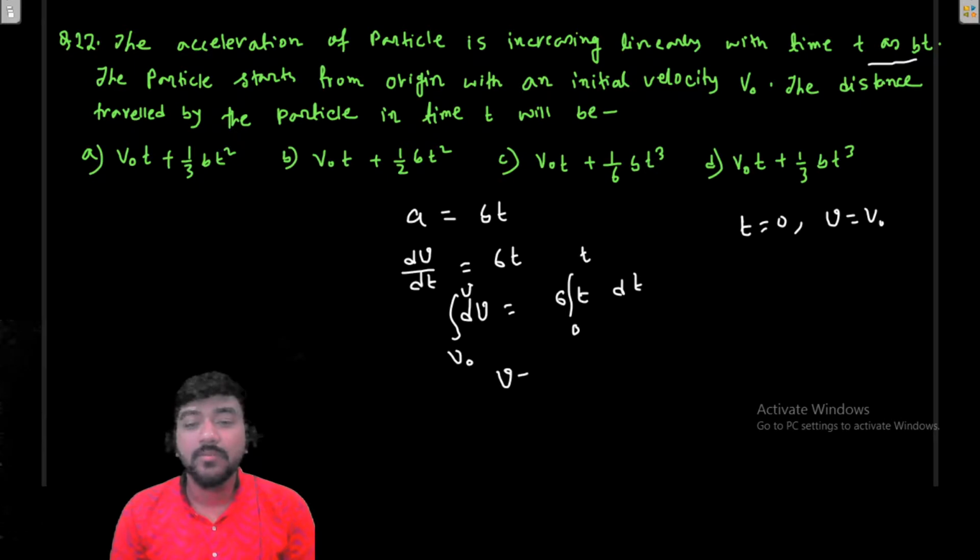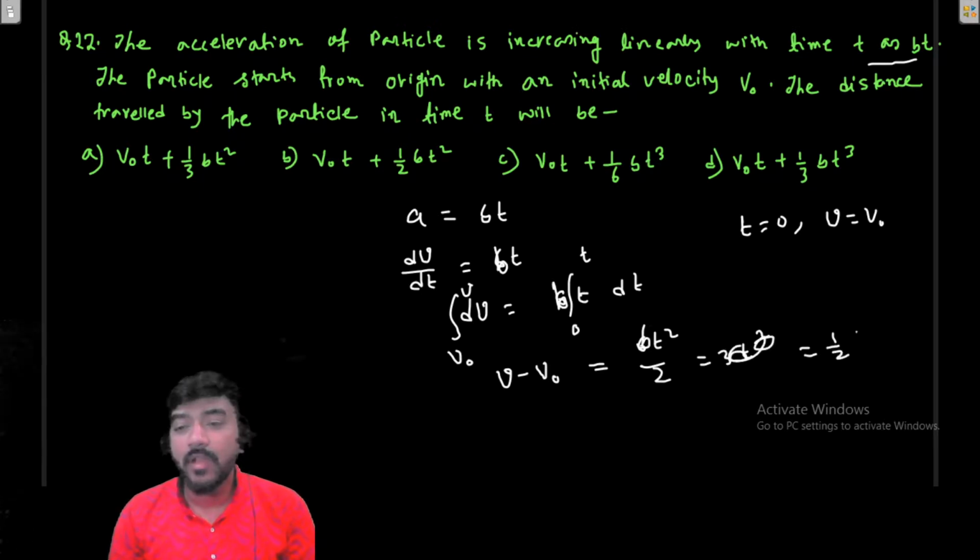So it will be v minus v0 after integrating the left hand side, and the right hand side will be b into t² by 2. Sorry, it is not 6, it is b. So it will be half bt².